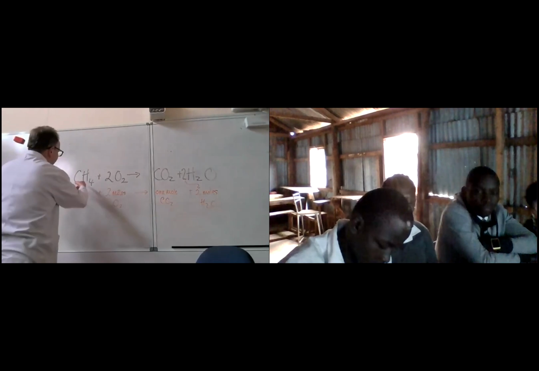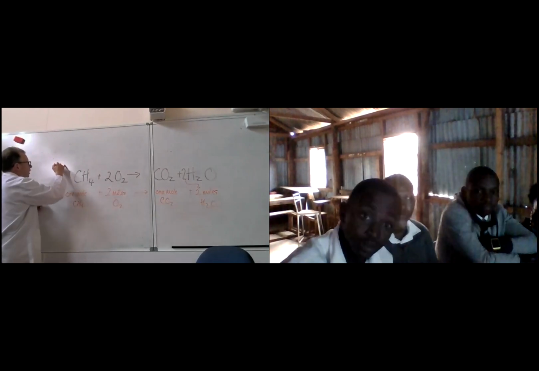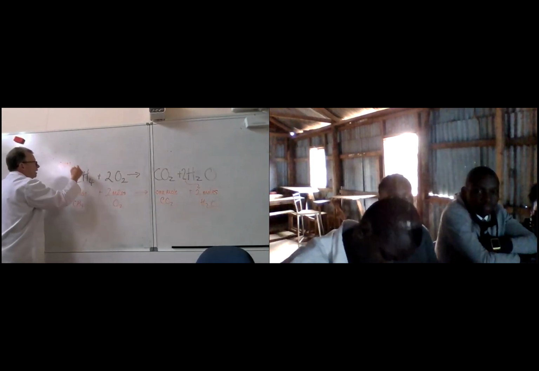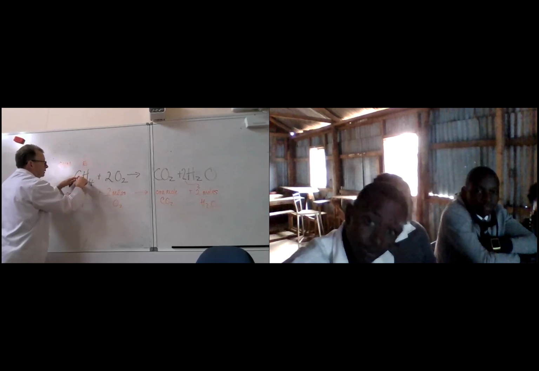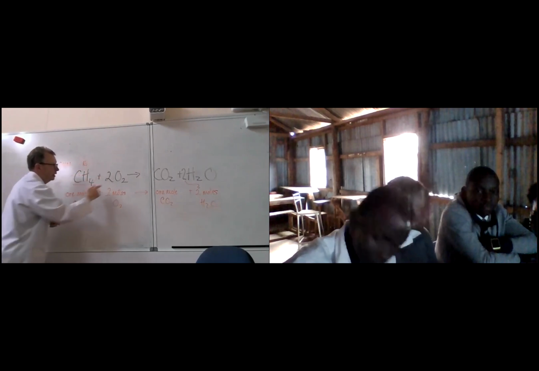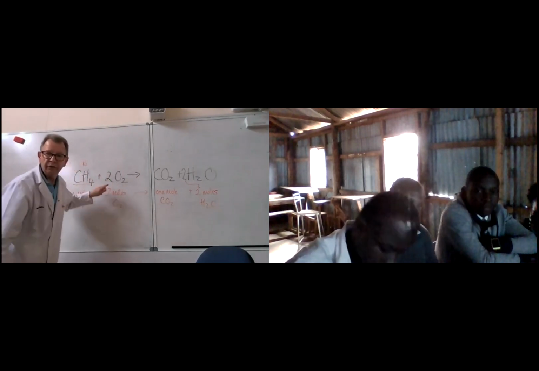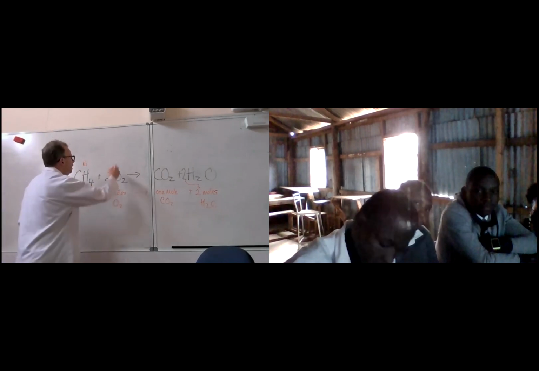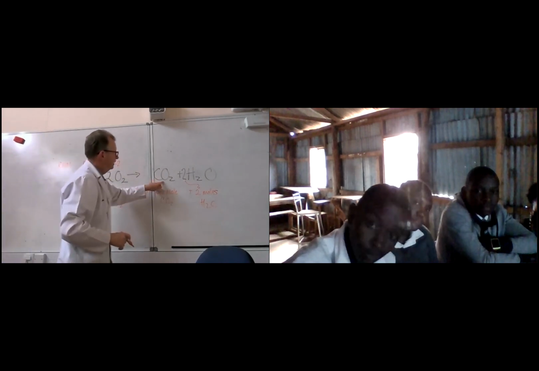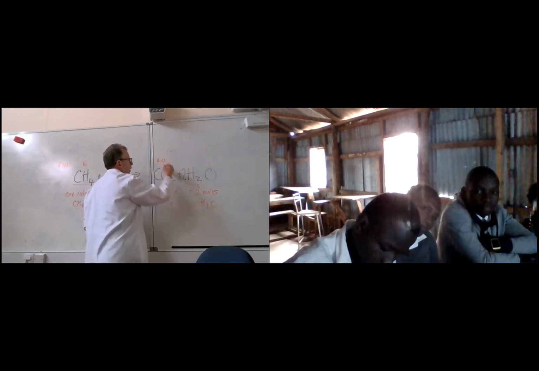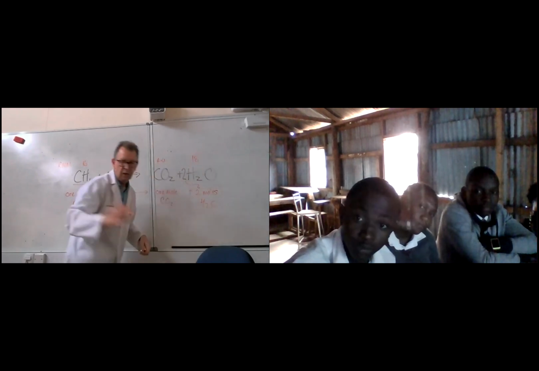So if I work out RMM, this methane is 16. Each oxygen, there are 2 in here, each one 16, so this is 32. This is 44, and this is 18. I'm not very clever. I know those numbers. I don't have to add them up.